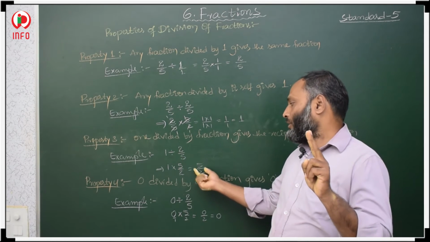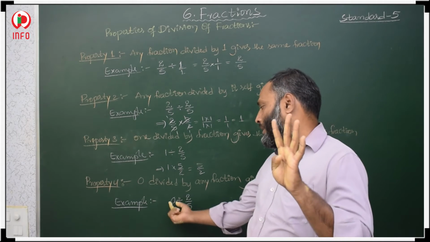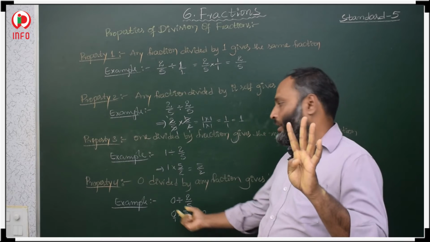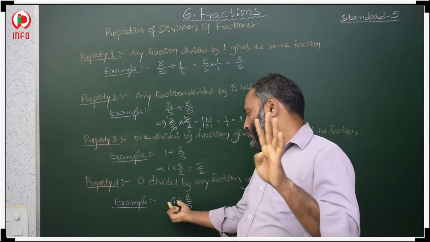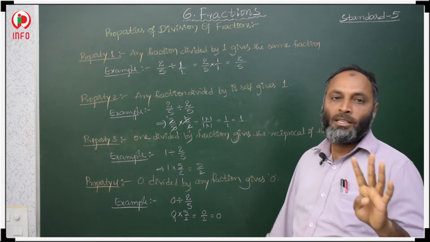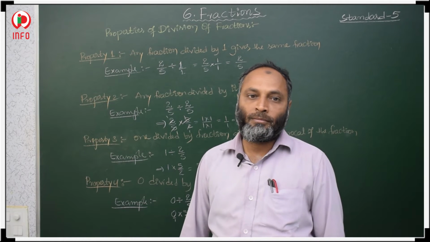The reciprocal of 2 by 5 is 5 by 2. Fourth property: if 0 is divided by any fraction, then the answer is 0. These four properties you have to remember. Okay.